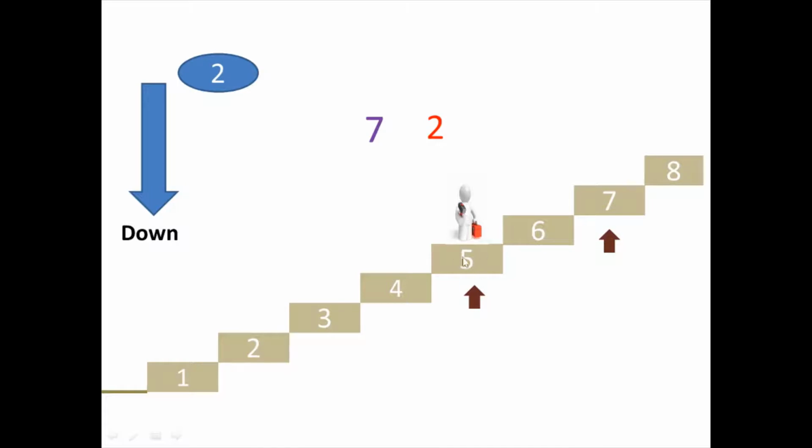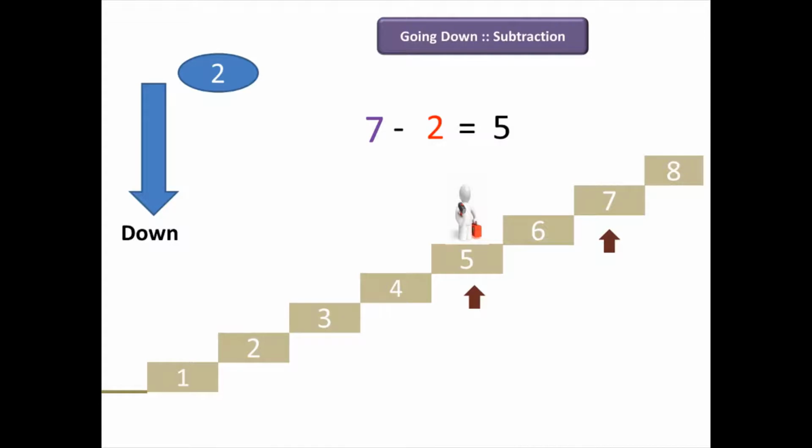He is at 5th floor. Okay, so in mathematics, how we will write this time? 7 minus 2 equals to 5. Got it? Okay, so when we go down or come down, we do subtraction or minus.